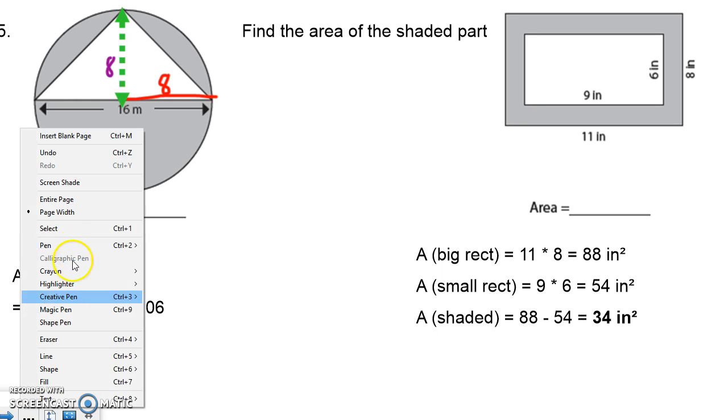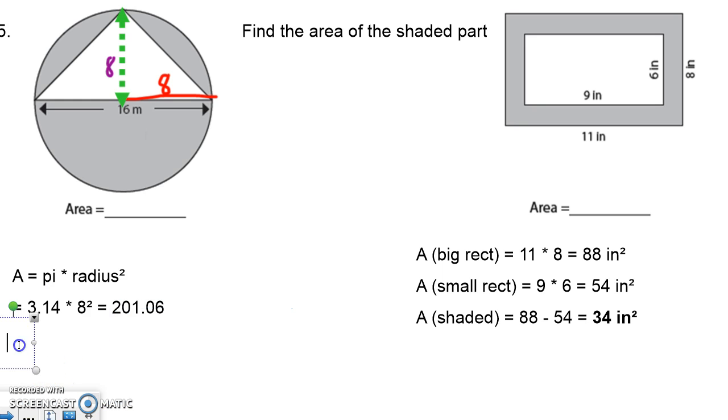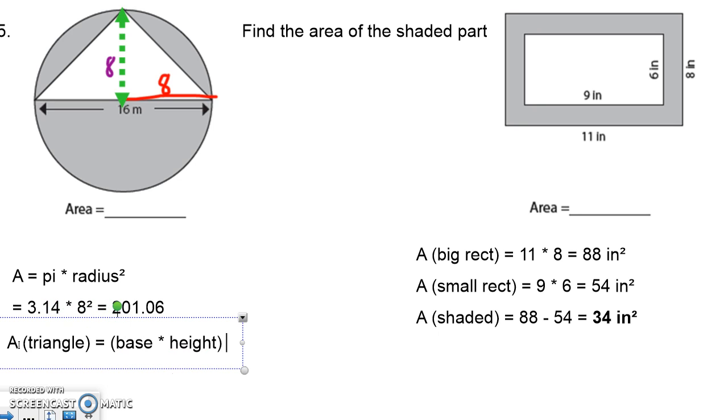So to find the area of the triangle, we do the base times the height, divide that by 2. So our base is 16, times our height is 8, divided by 2, and you should get that it's 64 meters squared.